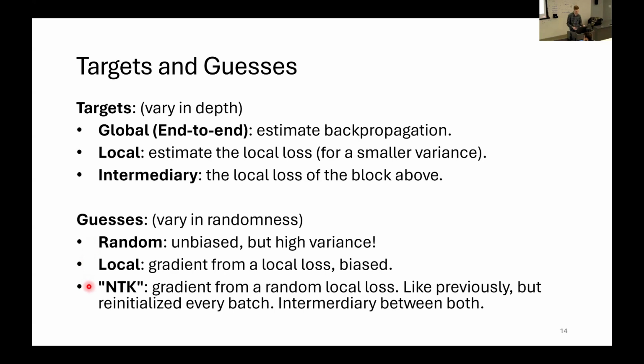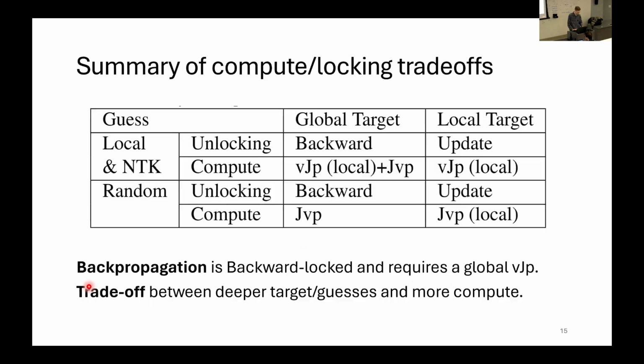It's exactly the same thing: a local loss gives us a gradient, but we reinitialize the local loss every time, so as to have some element of randomness, but also really see the impact of the architectural bias of the gradient. And that's the main type of targets and guesses that we will look at.